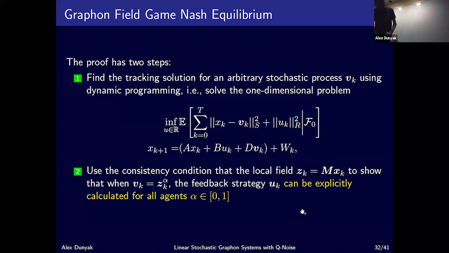And then we're going to use the condition that the local field Z is defined as the operator M acting on X, which we call the consistency condition, to show that when the stochastic process V that you're tracking equals Z, then you can explicitly calculate the feedback strategy for all players.